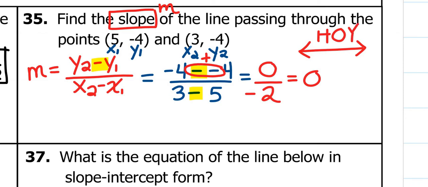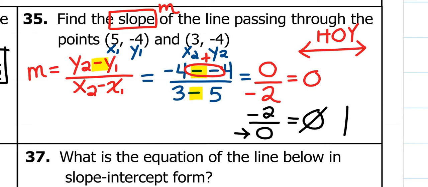In order to get a vertical line, just so you're aware, if this was switched, if it was -2 divided by 0, if your denominator has the 0, that's when you get an undefined slope. That's when you get a vertical line. So when the x values are the same, you get an undefined slope. Here, our y values were the same. So that's how we get a 0 slope, a horizontal line. All right, let's move on.